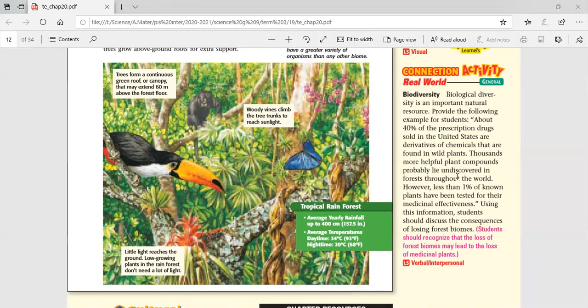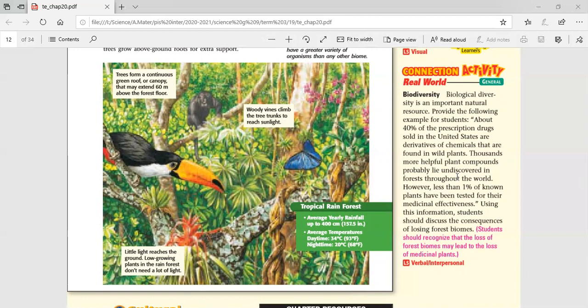Also, each tree in this biome represents a habitat for many species, because as we move higher on the trees, we could find different types of insects, even different types of birds that nest at different elevations on the trees. So it's a very, very rich biome.